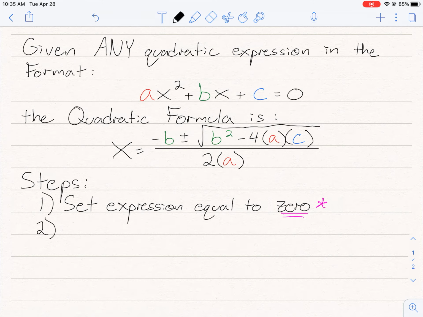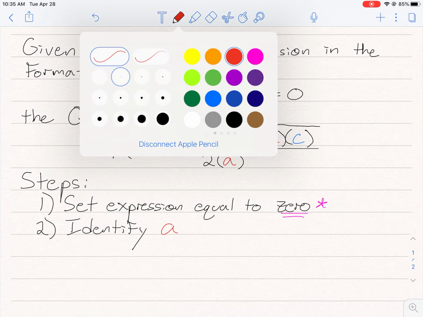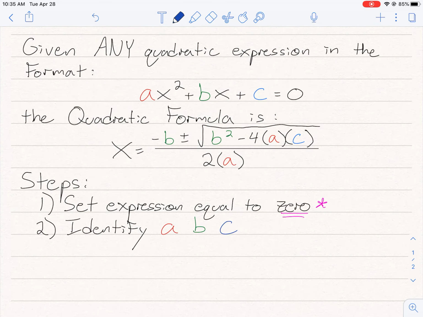If it's not equal to 0, then you need to rearrange it. Then you want to identify your a, b, and c. So you want to identify those three numbers there, a, b, and c.